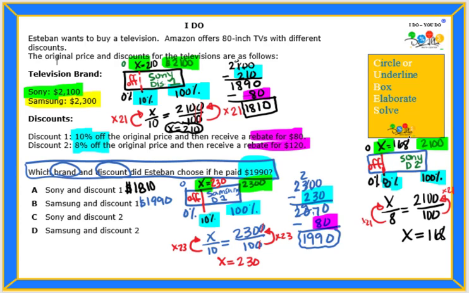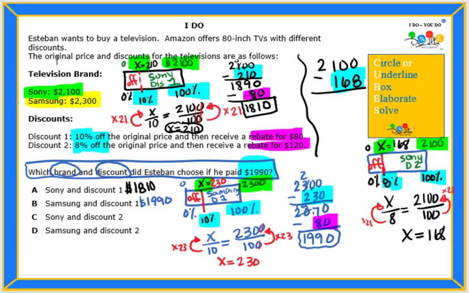Now let's take a look. This is our Sony, and so we have our other Sony price over here. Let's work up here. So we start with our original price of $2,100, and we're going to subtract our percent discount, which came out to $168 for 8%. So that is for our 8% discount.